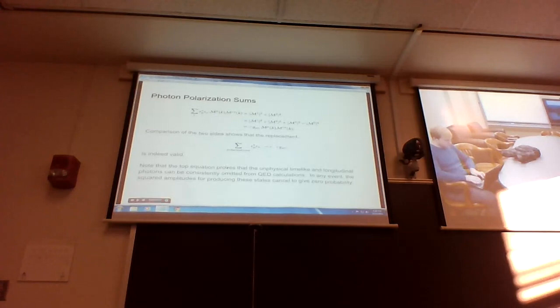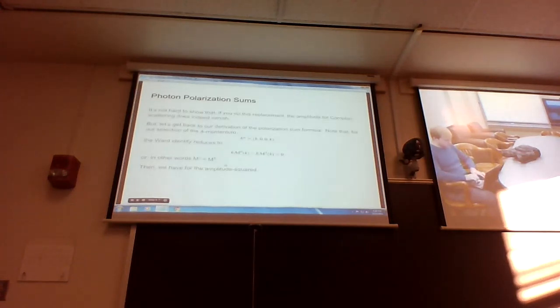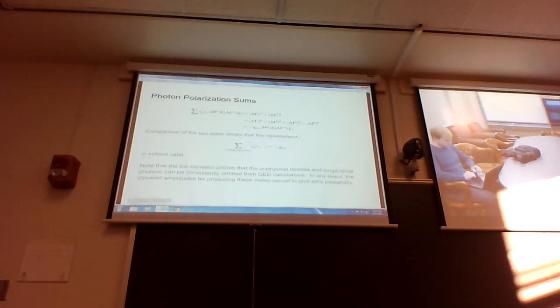So we can use the fact that M0 is equal to M3 to rewrite this. We had gotten to this point by taking the sum over the transverse polarizations, but now I can add and subtract M3 squared and M0 squared, because they're the same thing. Now this is exactly like minus g mu nu multiplied by M mu and M nu star.